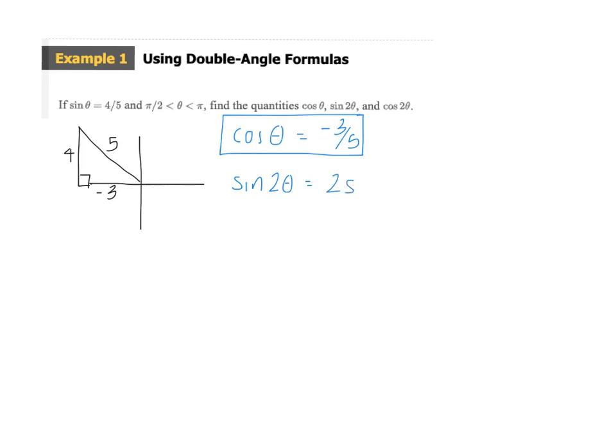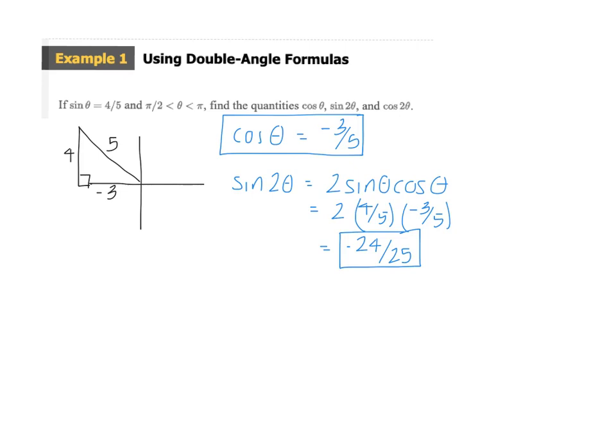So that is 2 sine theta cosine theta. So I simply plug in. I know sine of theta is 4/5. I know cosine is -3/5. So when you multiply that out, you should get -24/25. So just use your formula, plug in, and you're good to go.